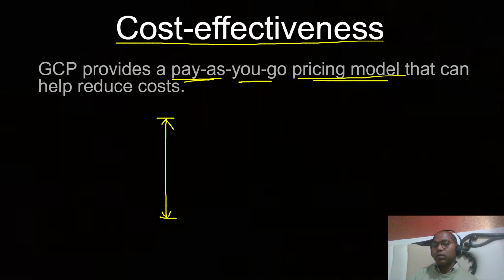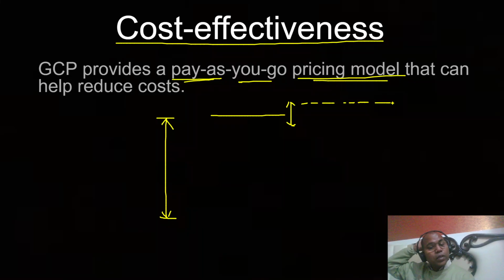Whatever resources you use, you must know the pricing model, because GCP starts billing after 1 minute. You start one server, and after 1 minute per second billing starts. So you should be aware of the pricing model.